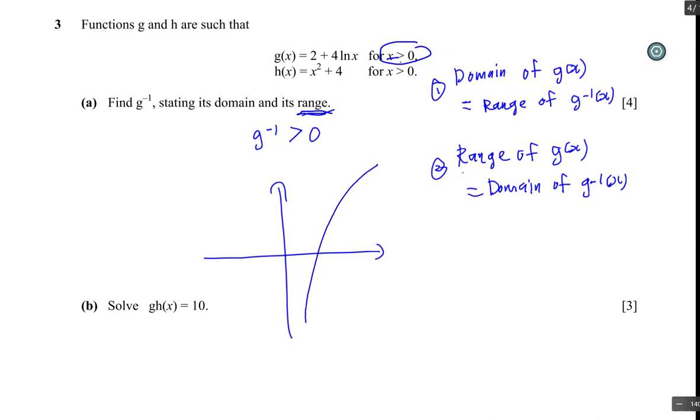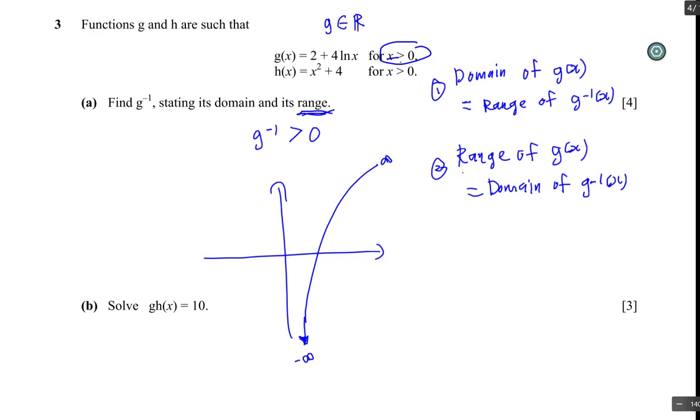So the range of it is from negative infinity to positive infinity. But in IGCSE, we don't use infinity to represent it. So the range for g will be the element of the real numbers.